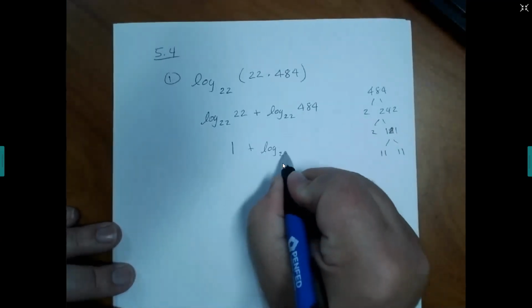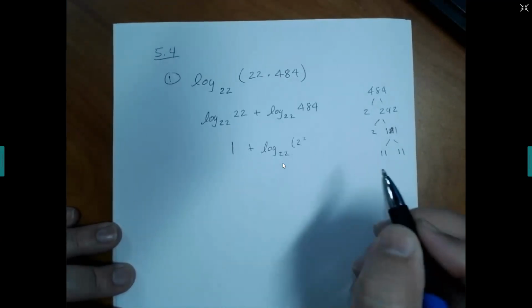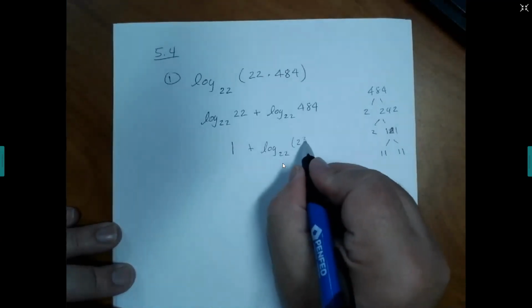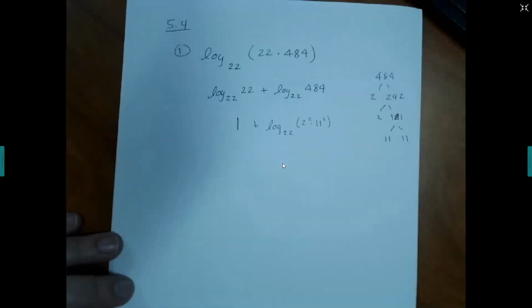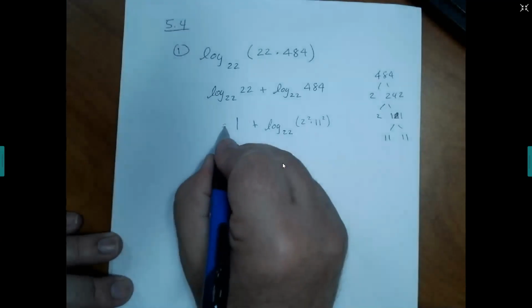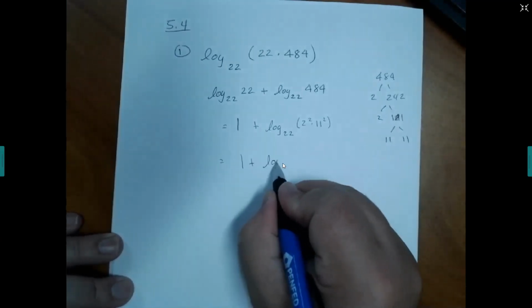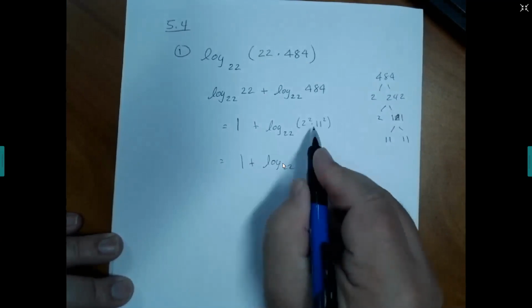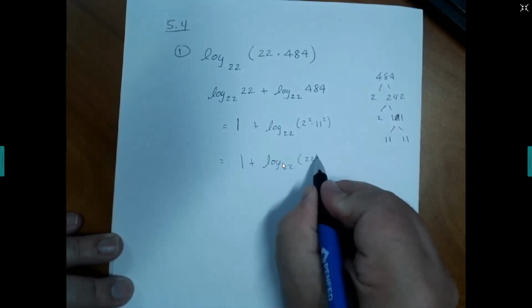So it's log base 22 of 2 squared and 11 squared. So it's 1 plus, but 2 times 11 is 22 squared.